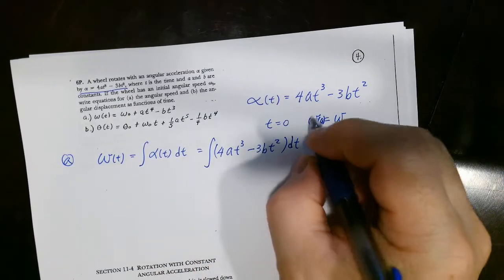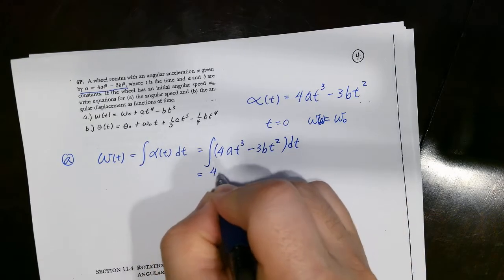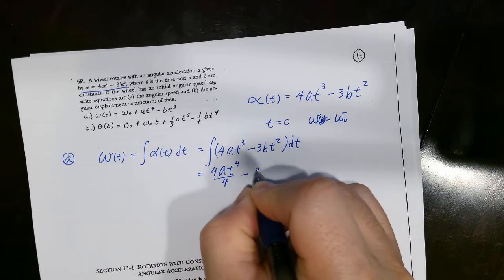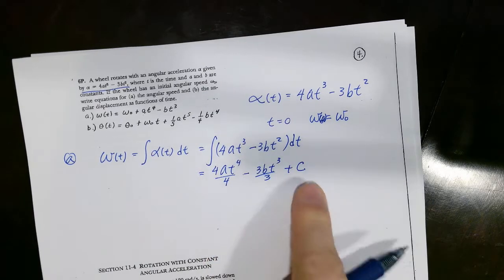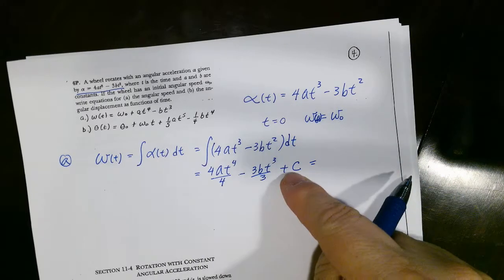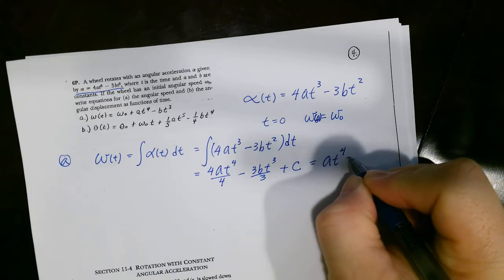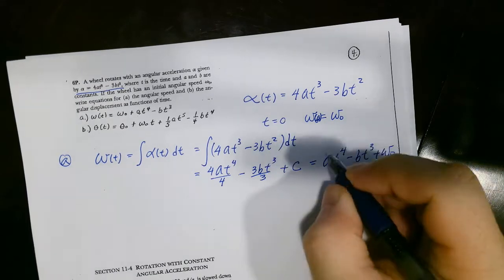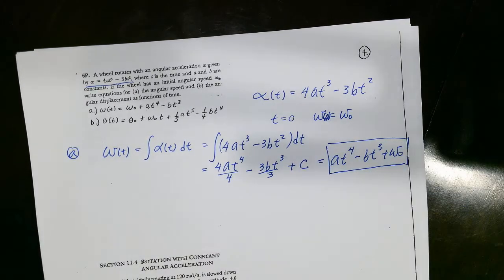All we have to do is integrate that. Therefore, we get 4at to the fourth over 4 minus 3bt cubed over 3 plus c. That c itself is basically omega naught. So omega of t is at to the fourth minus bt cubed plus omega naught. Okay?